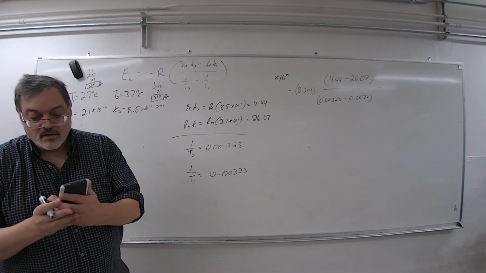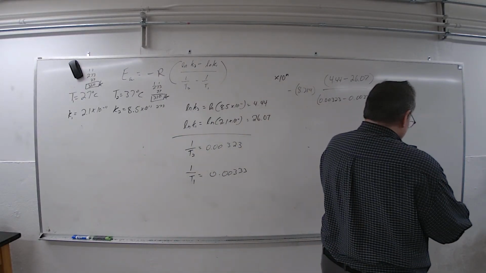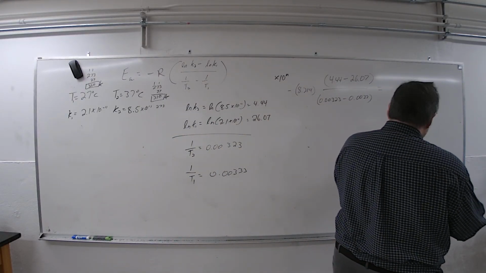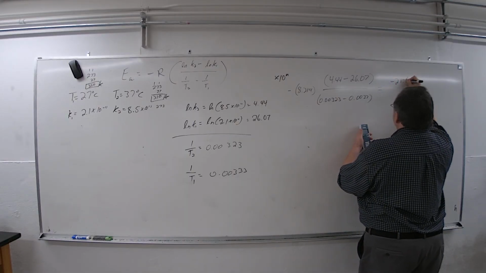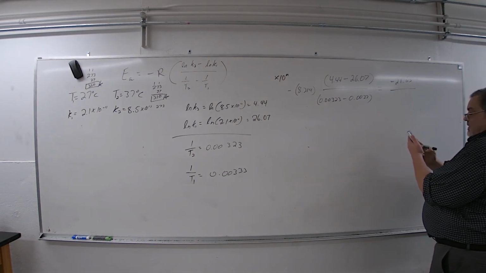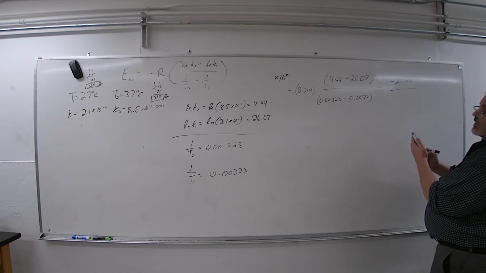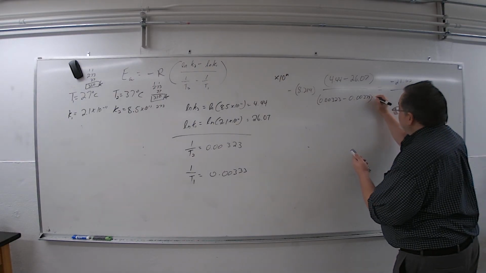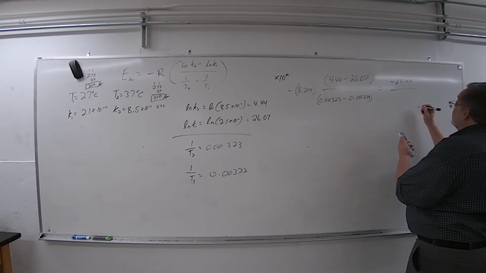Anybody get ahead of me? 4.44 minus 26.07, negative 21.63. 0.0023 minus 0.0033. Enter.